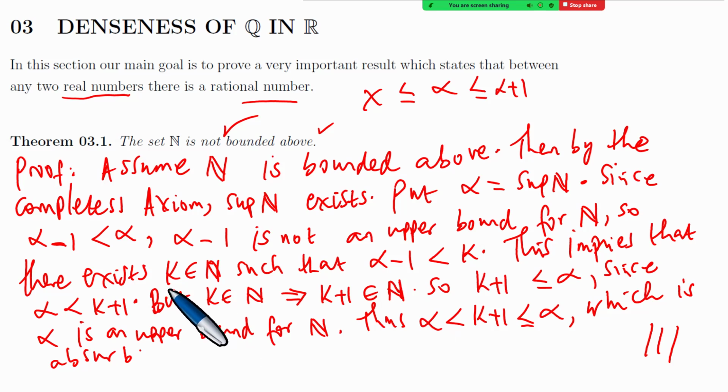But this k is in the natural numbers. This implies that we can perform algebraic manipulations and move the 1 to the other side, so that alpha is less than k plus 1. But k is in the naturals, and this means k plus 1 is an element of n.